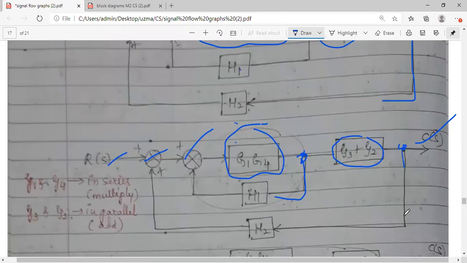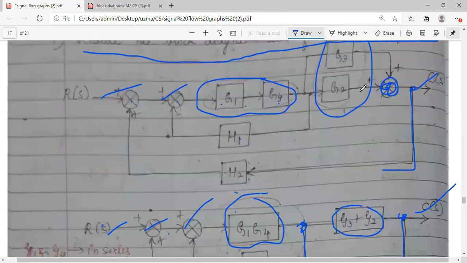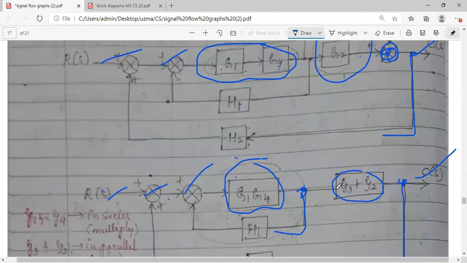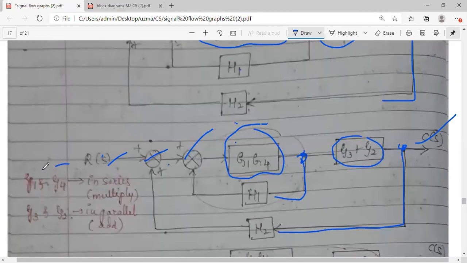So from the extreme takeoff point, I have to take H2. Remaining all terms as they are you have to draw. Only these series and parallel I have converted. I have given the reason also here. It would be better, each time you reduce the block diagram, to give the reasons or mention the rules which you are applying. It will be easy.